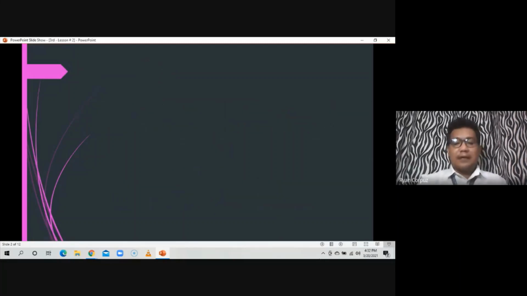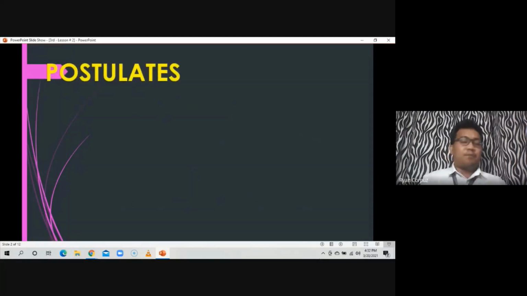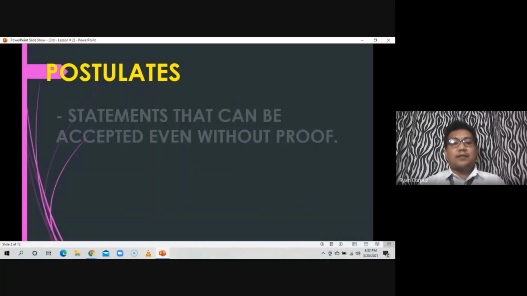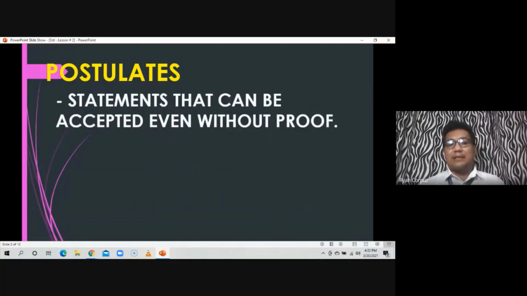So, unahin natin, of course, in discussing about geometry, hindi mawawala doon, makakaencounter tayo ng tinatawag nating postulates. So, you have already, if I'm not mistaken, you have already encountered postulates, the discussion or a glimpse of it during your grade 8. So, postulates, when we say postulates, these are statements that can be accepted even without proof.